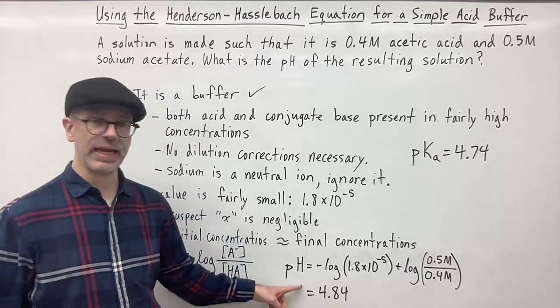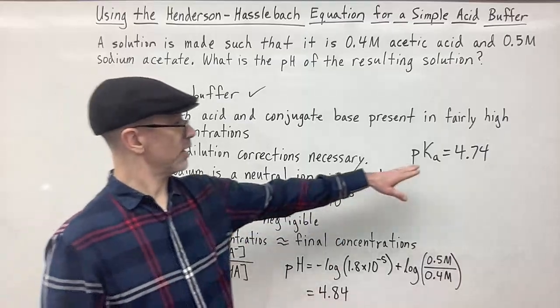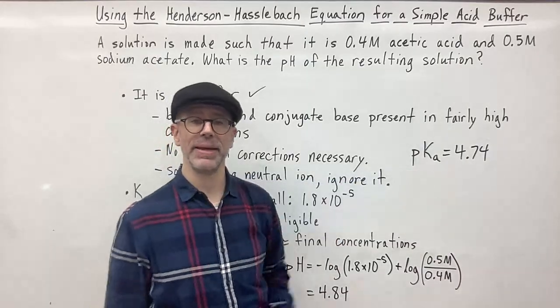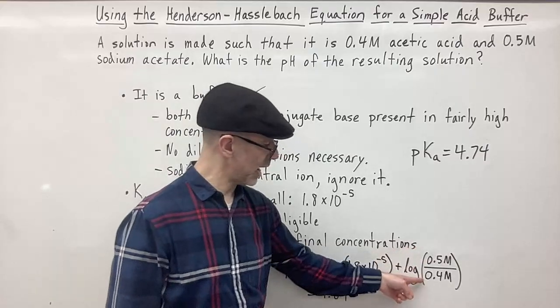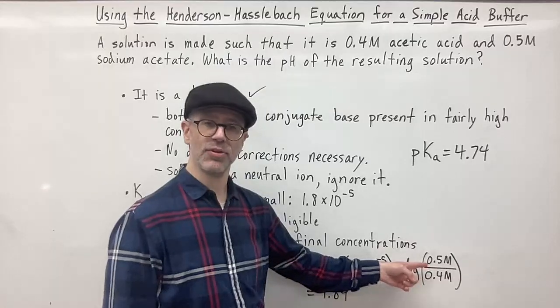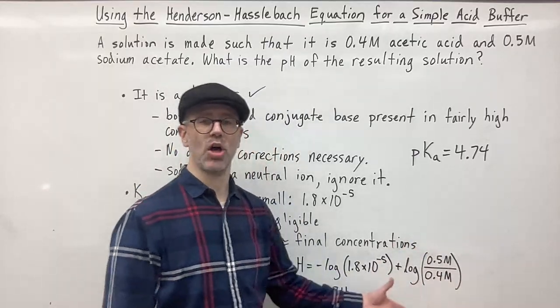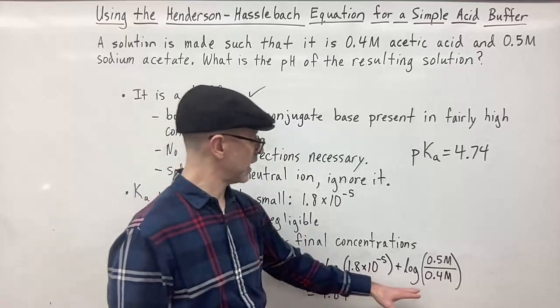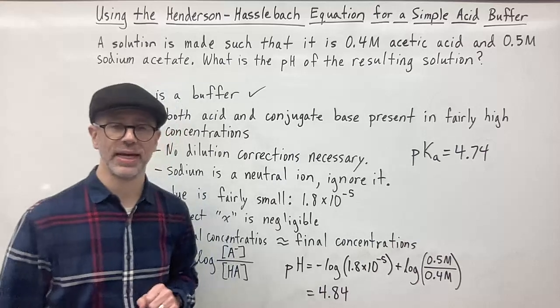What you'll notice is that the pH we calculated is greater than the pKa, and that makes sense because look at the ratio of the conjugate base to the acid. We have more conjugate base than acid, so that gives us a number greater than 1. If you take the log of that, you end up with a pH higher than the pKa.